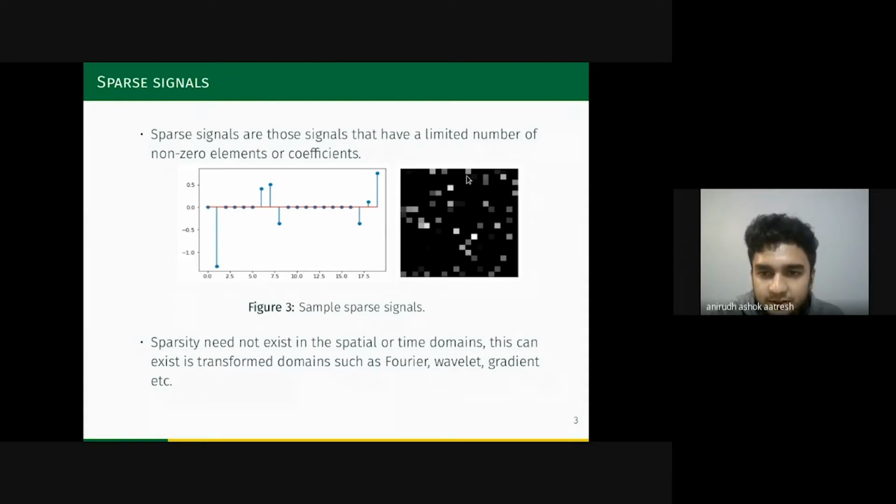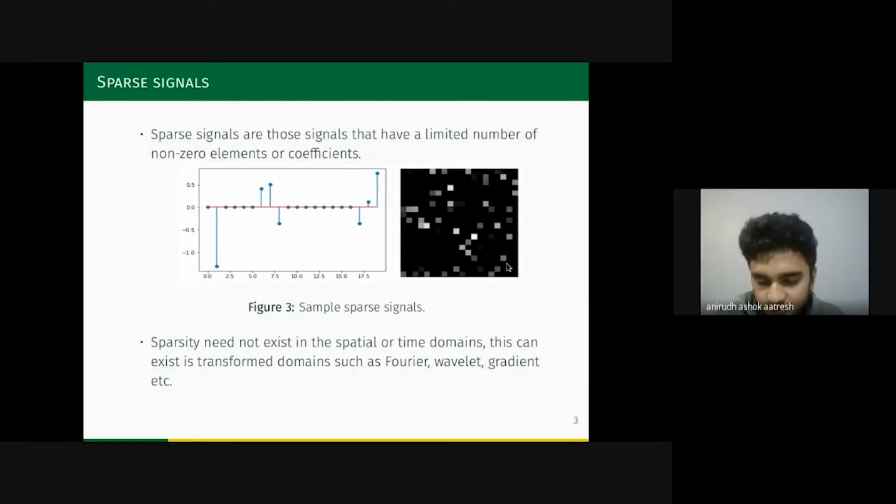On the right, this is a sparse image. This is a 20 by 20 image, and that's why it looks pixelated. But most of the black areas here are zero coefficients, and that's why they're dark in color. And the white or gray squares here are the non-zero coefficients.